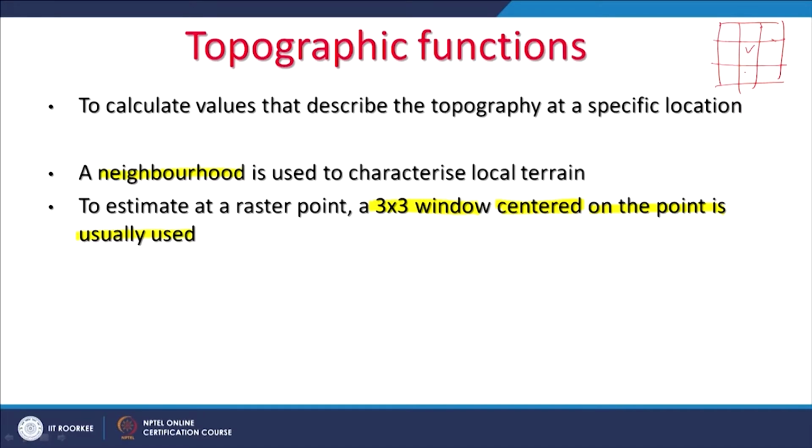So, this is how it works. Now, the cells of this 3 by 3 moving or roving window can also have their own weightages, and that can help us to find certain things in a much easier way.